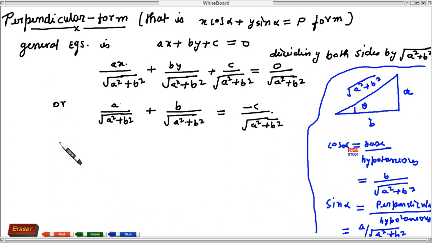Note here this is theta, as we have taken theta, so this will not be alpha, it is theta, that is the missing term I have written.